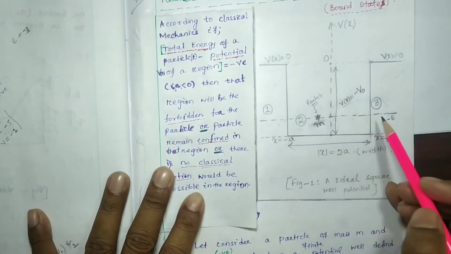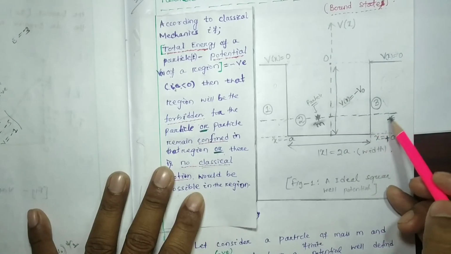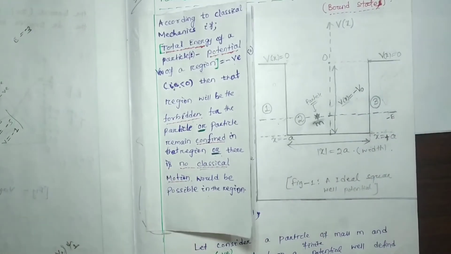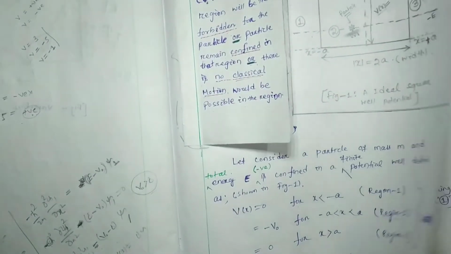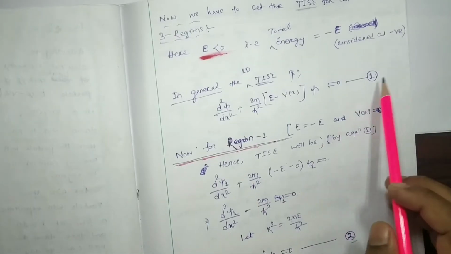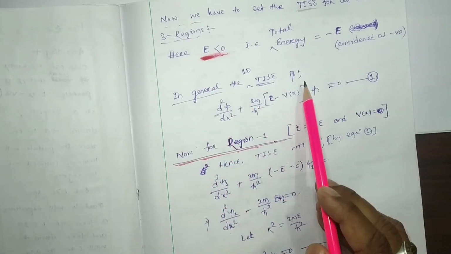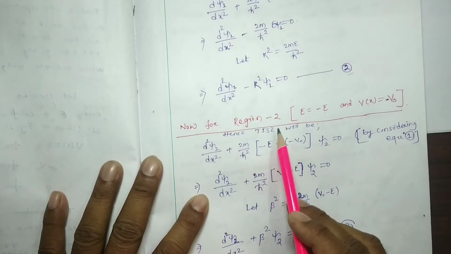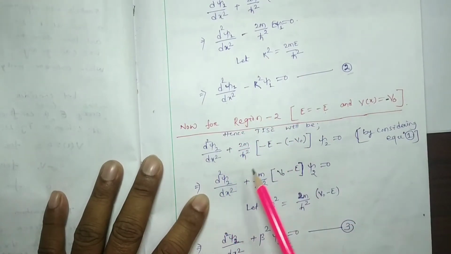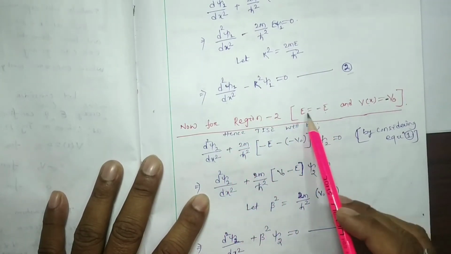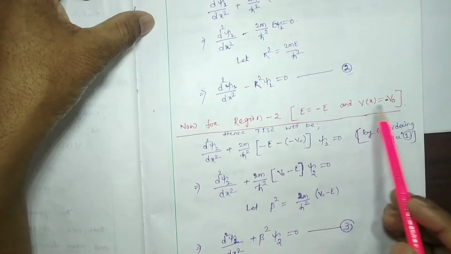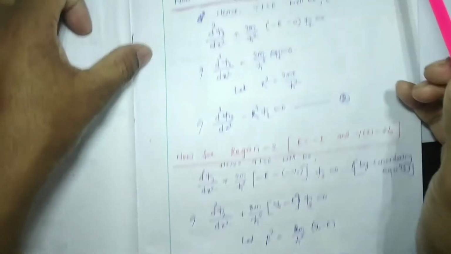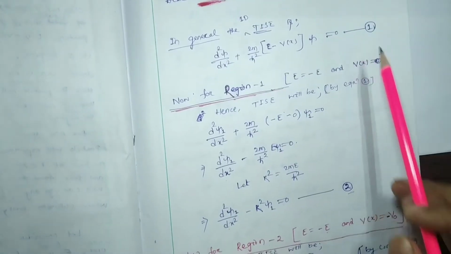In this region the energy is minus E, but the potential is minus V0. We put that in the general time independent Schrodinger equation, equation number 1. So if we put E equal to minus E and Vx equal to minus V0 in equation number 1, what can we find?